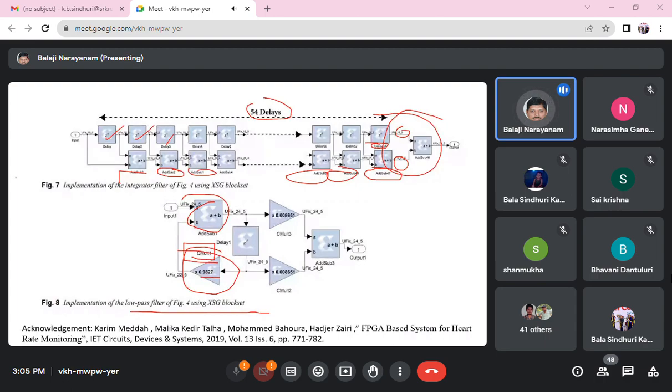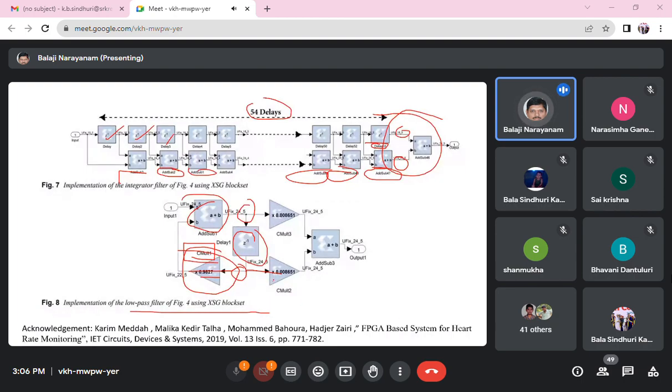You observe here, this is given to a delay element. The output is delayed by 1 unit, and the same is multiplied with a constant multiplier. On either side, we have two multiplier units, constant multiplier 1 and constant multiplier 2.